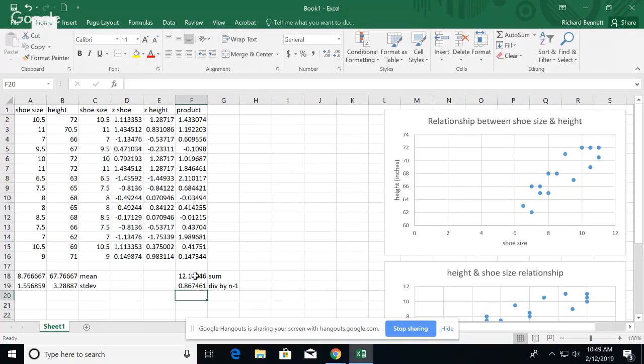So, Landon, would you say that's strong, moderate, weak, or no correlation? That is strong. You'd say that is a strong correlation. Let me ask you another question. Do you think that Excel knows how to do this an easier way?